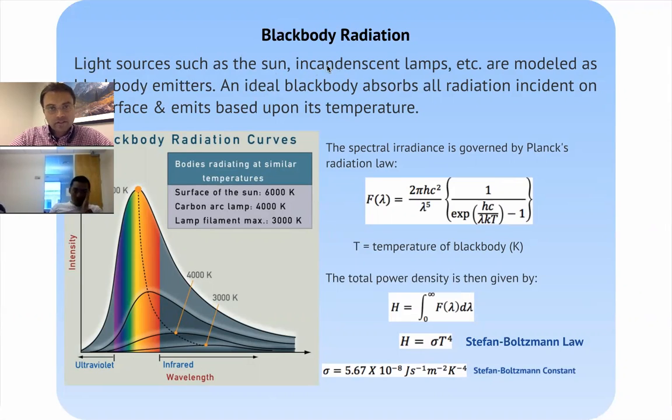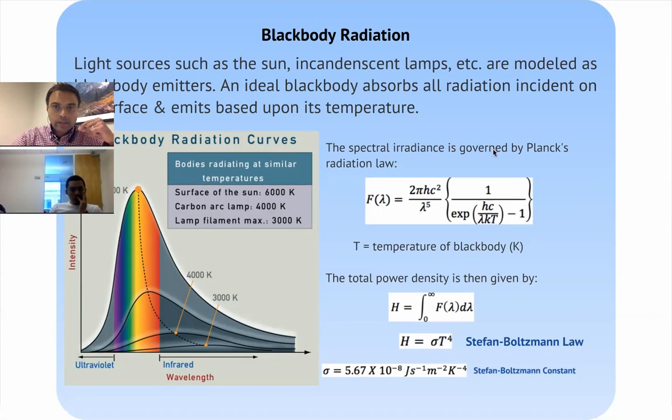Actually, not lasers, sorry, that's wrong. All incoherent sources. An ideal blackbody essentially absorbs all radiation incident on its surface and emits based upon its temperature. Okay, that's the definition of a blackbody. It'll absorb everything, but its emission depends upon its temperature.